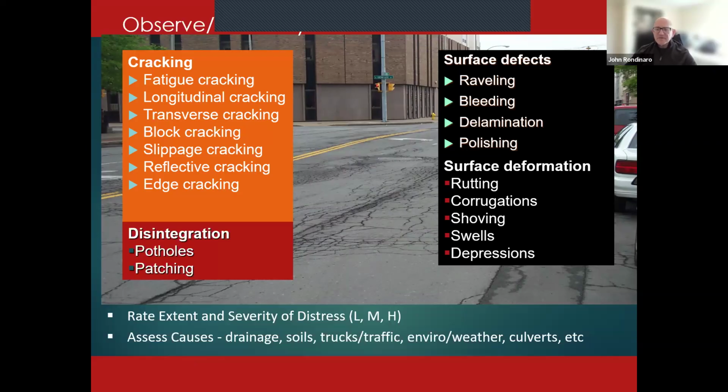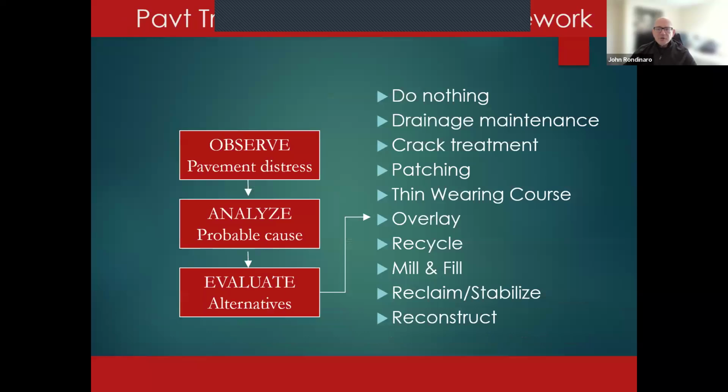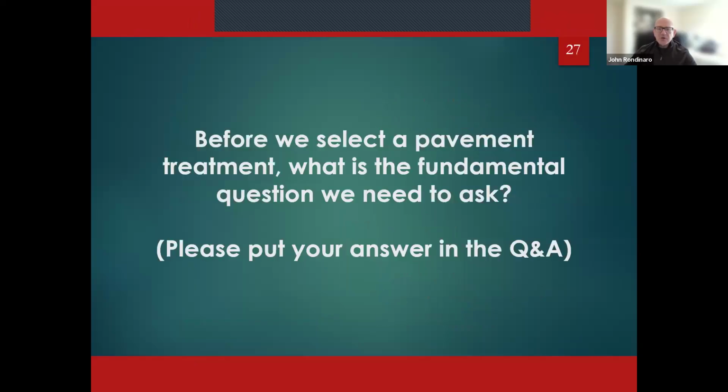You've also got to be looking at the environment, the weather, any underlying culverts, utilities, all those kind of things that could be a cause of your problems. In terms of the framework, then you're going to marry up the distress identification and analysis. You're going to marry that up with your tools in the toolbox, and you've got a pretty solid framework to be making treatment selection decisions.